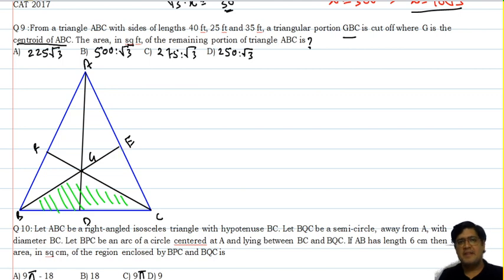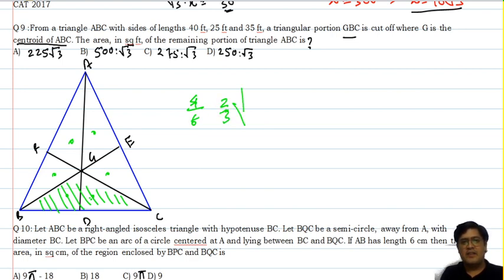Now the property of centroid and medians is that if you draw all three medians, you get 6 equal areas. These areas I am putting dots in are all equal. So from the triangle, if I cut off 2 portions and leave these 4, the remaining portion is 4/6 of the entire triangle. So that is 2/3 of the area of the entire triangle.